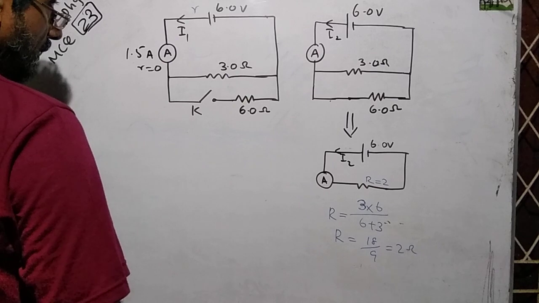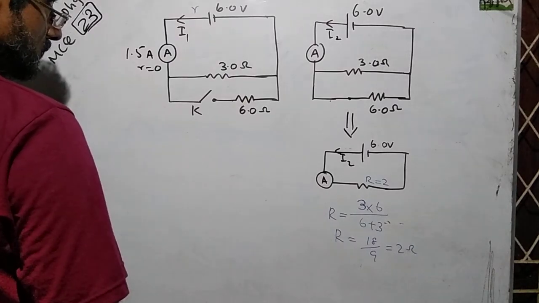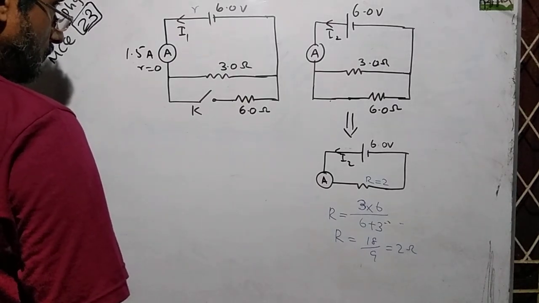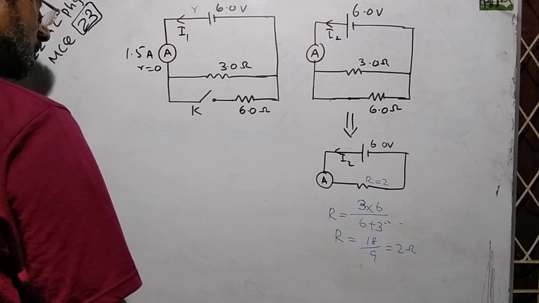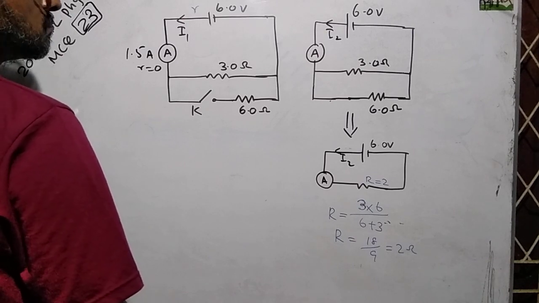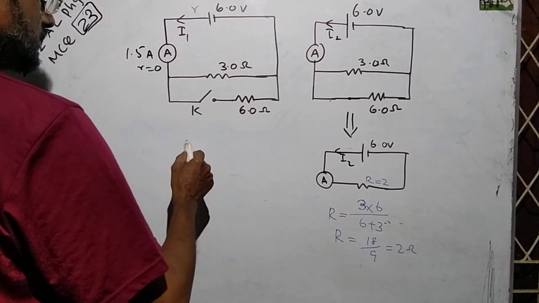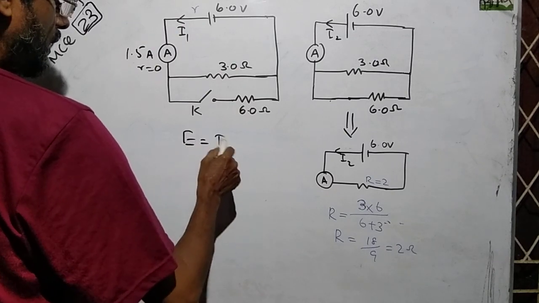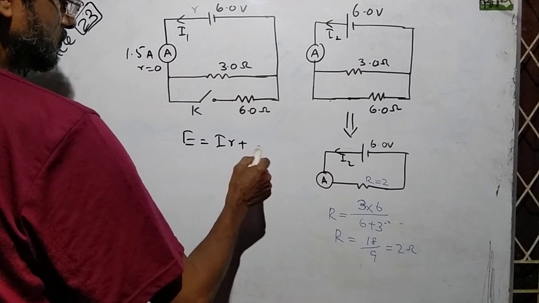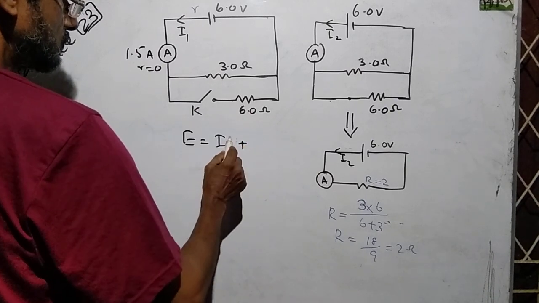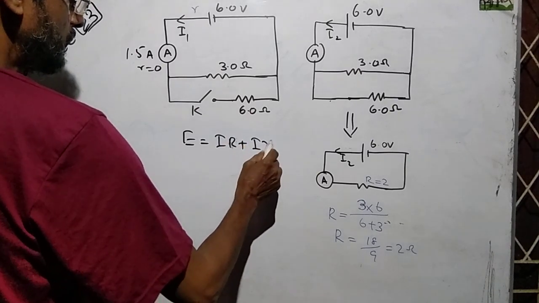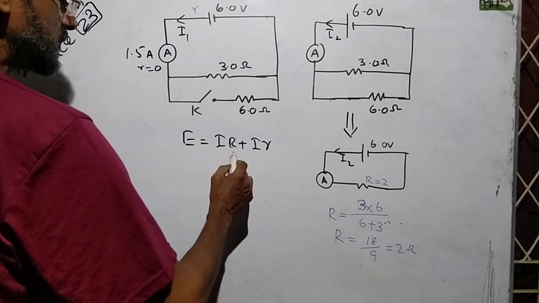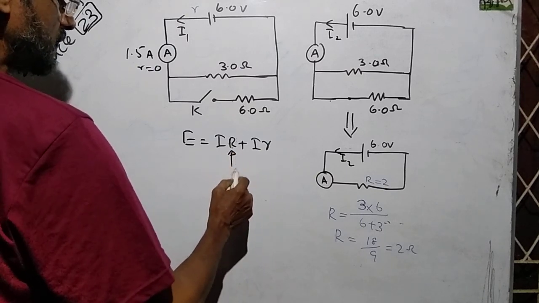And we can apply Kirchhoff's law, or V equals, E equals IR plus I small r. This r is the internal resistance, this R is the external resistor.